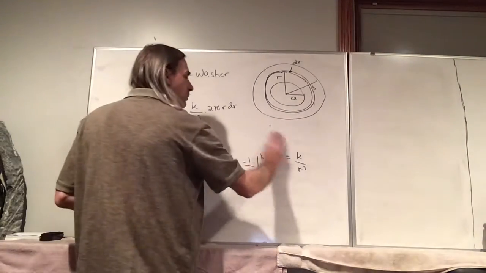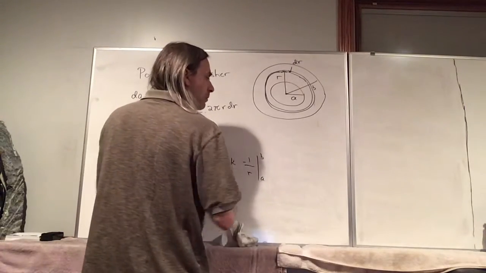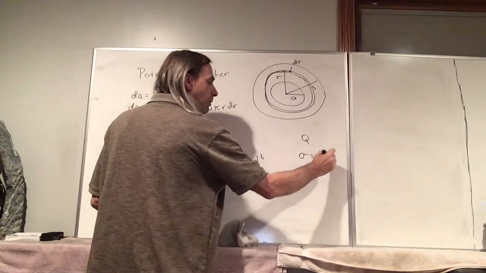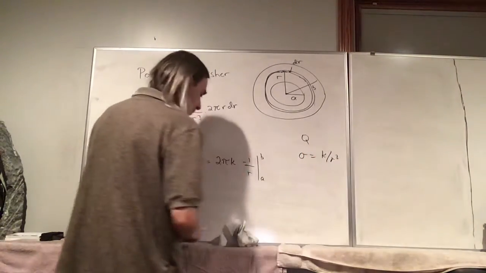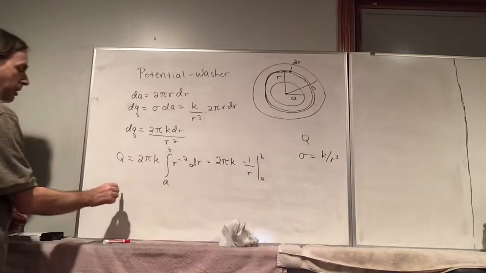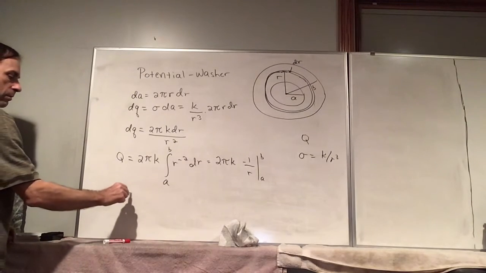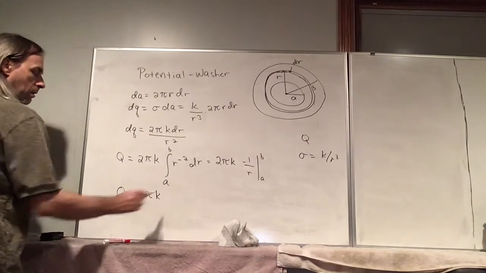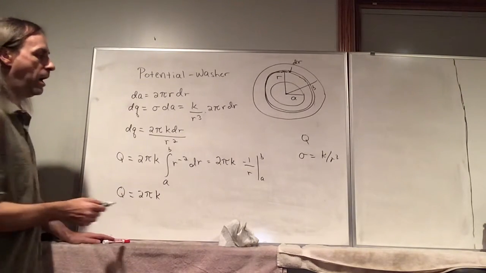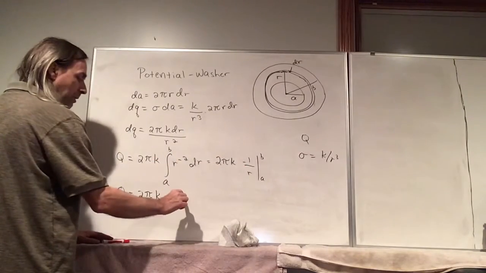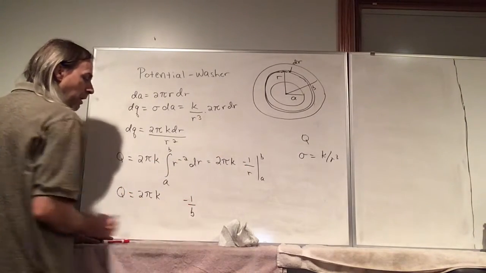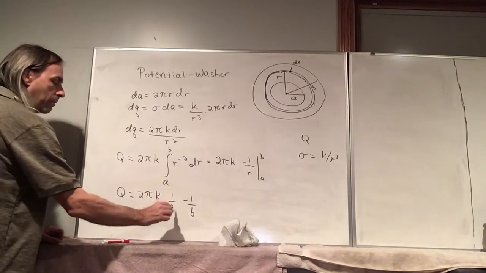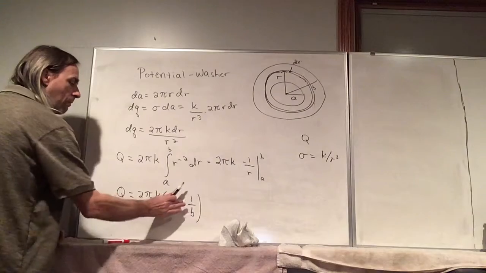Let me move this over. Okay, so Q is 2 pi k, and then we have minus 1 over b, and then minus negative 1 over a, so that'd be plus 1 over a.